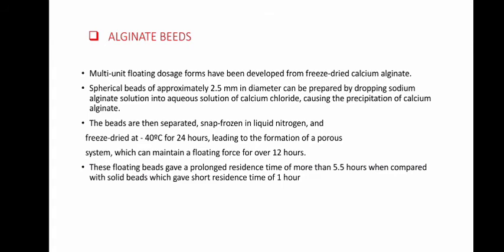The beads are then separated, snap frozen in liquid nitrogen, and freeze dried at -40 degrees Celsius for 24 hours, leading to the formation of a porous system which can maintain a floating force for over 12 hours. These floating beads gave a prolonged residence time of more than 5.5 hours when compared with solid beads which gave a short residence time of 1 hour.